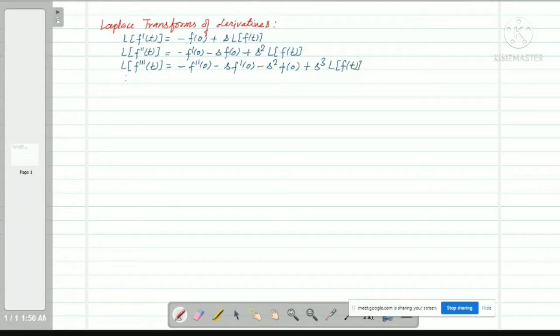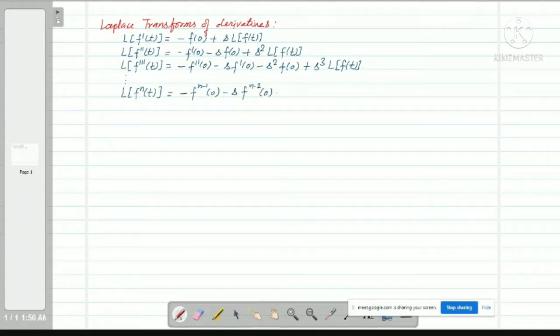Now you can extend this formula up to nth order, that is, the Laplace transform of f n of t, the nth order derivative of the function, and this is equal to minus f raised to n minus 1 of 0, minus s into f n minus 2 of 0, minus s square f n minus 3 of 0, and so on, up to plus s raised to n Laplace transform of the function f of t.